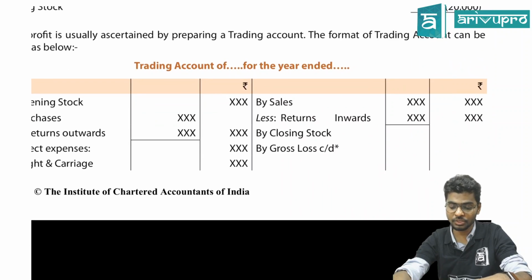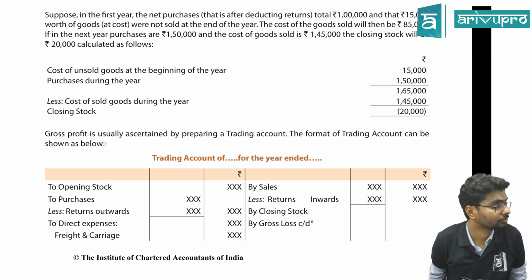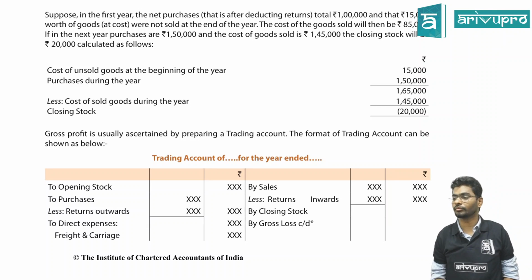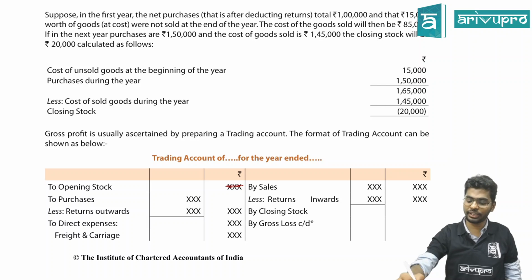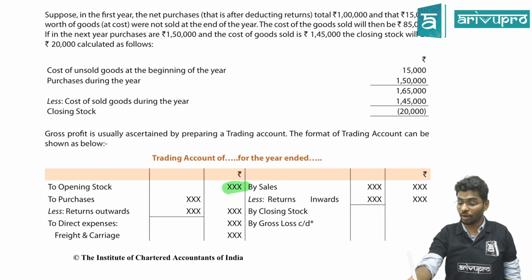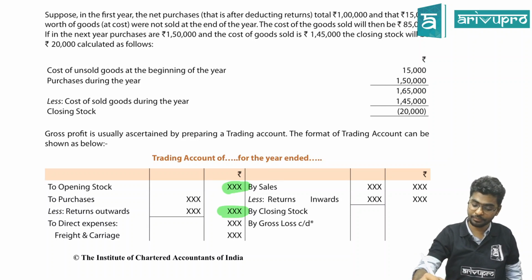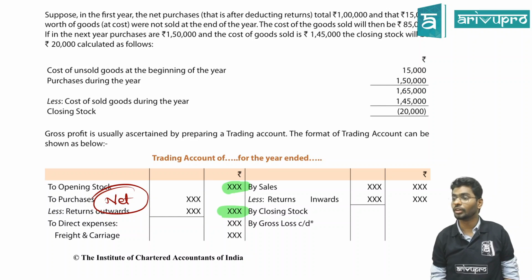Now let us go a little bit more in depth. Everyone see this one. Trading account format. Opening stock, we have already covered this. It appears on the debit side. Now I only show, please remember, net purchases.